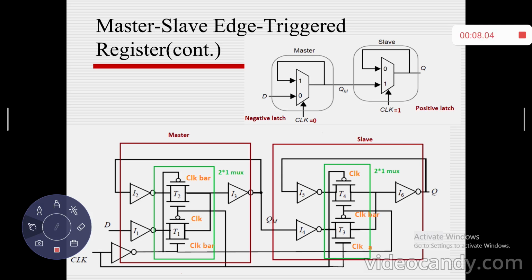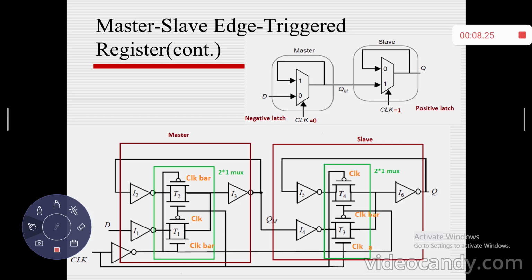What happens is, when clock equals 0, out of the 4 transistors, T1 and T4 will be activated. So in the master end, a loading operation will be performed, whereas in the slave end, a holding operation will be performed.